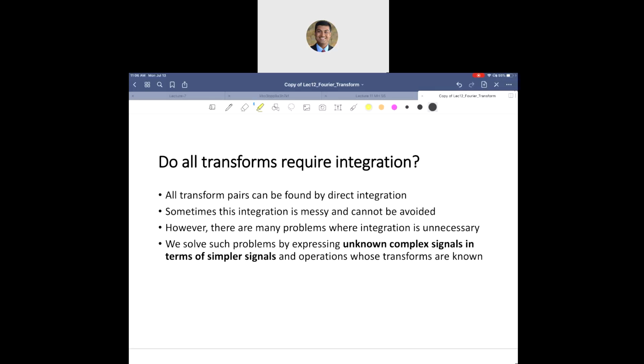It is possible that the Fourier transform of a signal may not exist. So we'll take a look at some conditions that will allow us to check whether it exists or not.